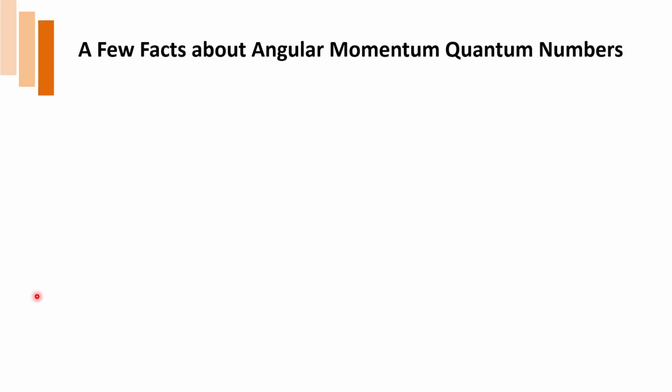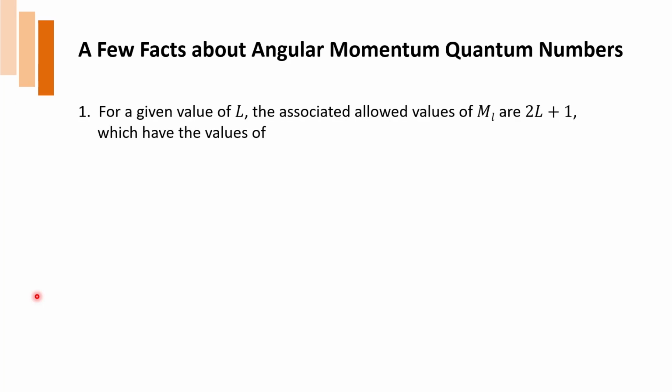There are a few facts, a few assertions, a few properties about the angular momentum quantum numbers. The first one is, for a given value of L, the associated allowed values of ML are 2L+1 in number. It means that we have L, L minus 1, and so on, going to minus L. If we have L equal to 2, then it will go 2, 1, 0, minus 1, minus 2.